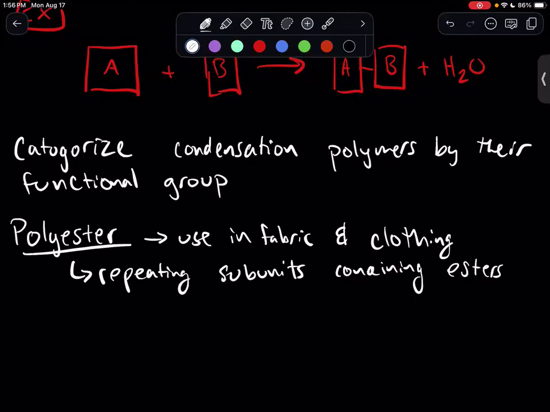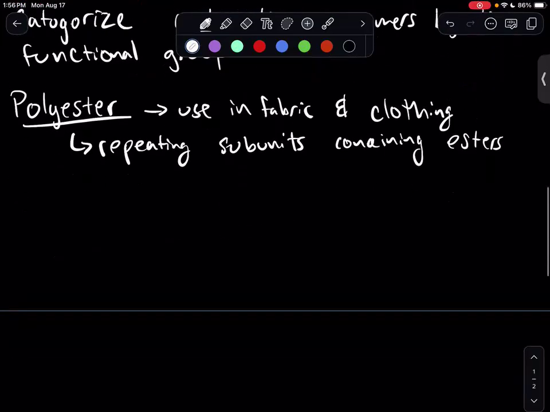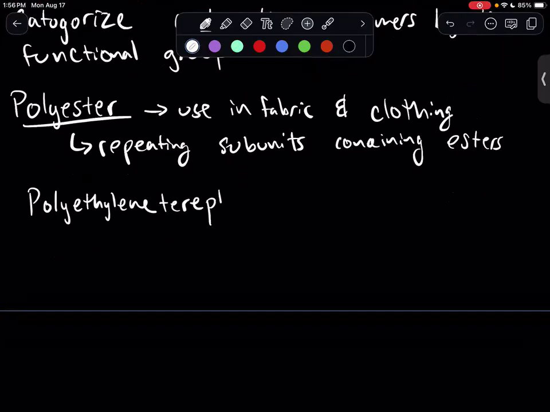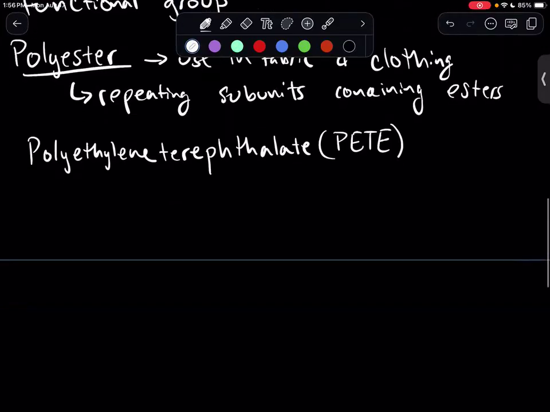So the most common polyester, the one that you see in most of your clothes, is what we call polyethylene terephthalate, PETE.